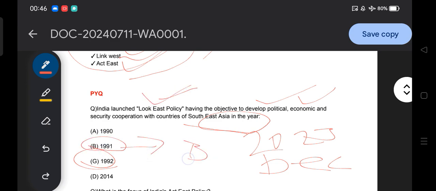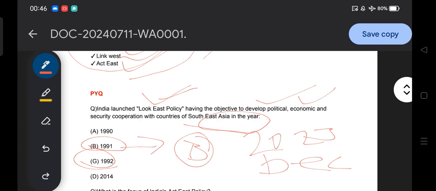So option B, 1991, is the Look East policy according to the Government of India and also the SSB. I believe it is clear to all of you, and I will also extend my help to cover this controversial and problematic question.